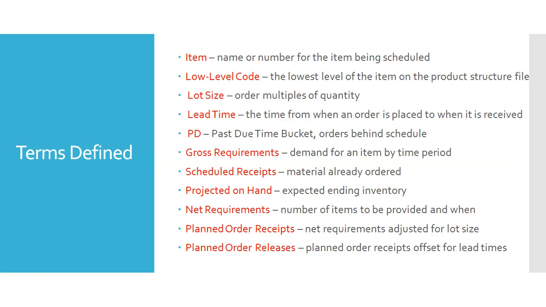Lead time means the time from when an order is placed to when it is received. PD is past due time bucket, related to orders behind schedule. Gross requirement is the demand for an item by time period.